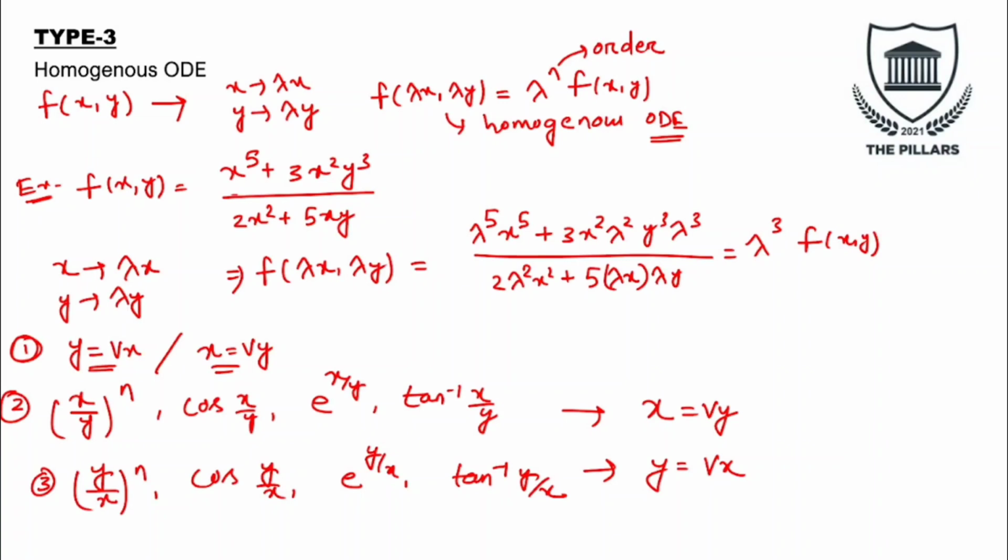For homogeneous ordinary differential equations, we substitute y = vx or x = vy. Whenever there are x/y terms, we apply x = vy, and whenever there are y/x terms, we use y = vx.